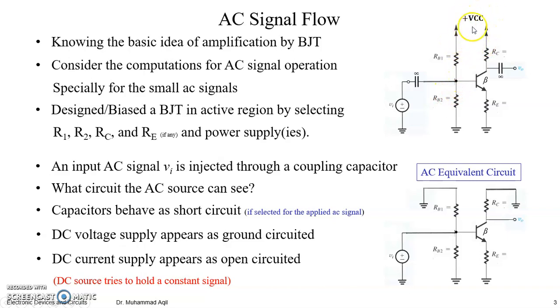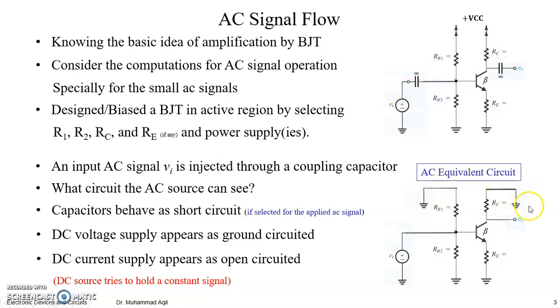But this supply will maintain a constant DC voltage here, so there are no variations here. The signal tries to insert variations, and there are none here. It means this terminal is behaving as a signal reference, or zero signal, for this input AC signal, right?